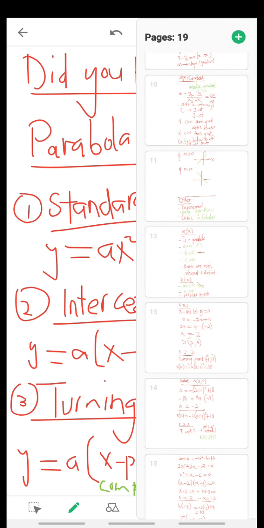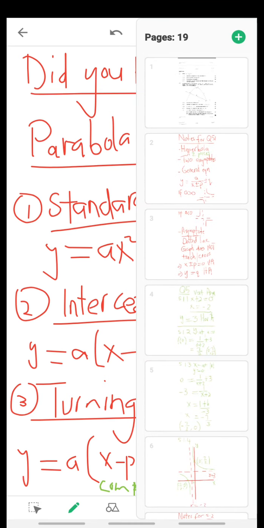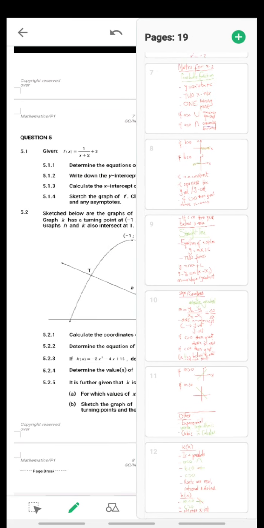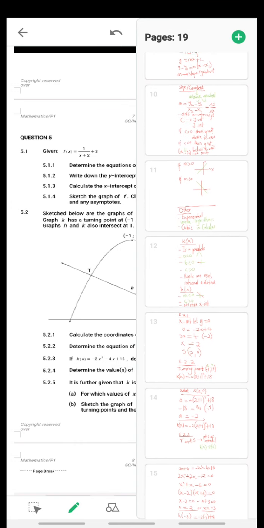Now, having said that, the question in 5.2.2 is asking you to find the equation of k in the turning point form. Do you have the turning point? Yes, that is (minus 1; 18), and this is how I've done it.